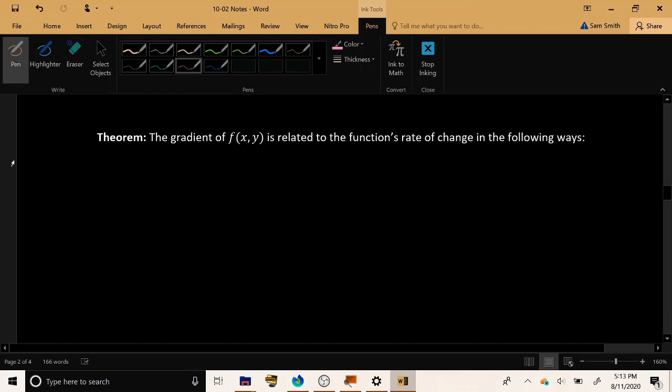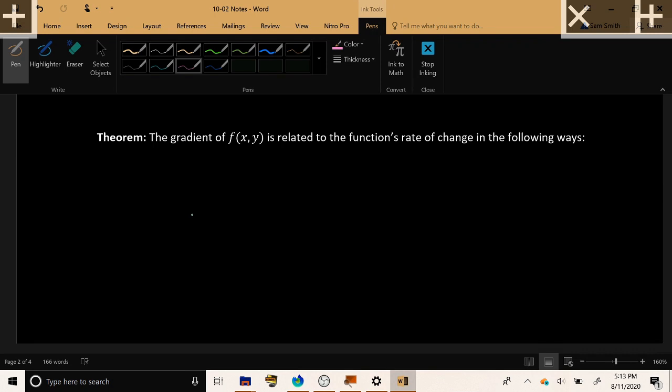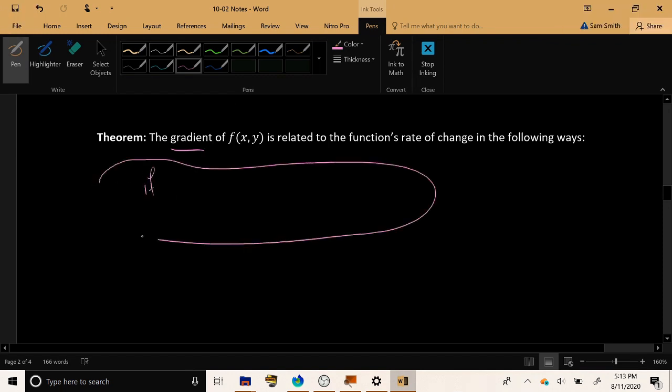Okay. Now the gradient is a very special vector indeed. The gradient, as we explored in yesterday's concept check, is related to the function's largest possible rate of change.